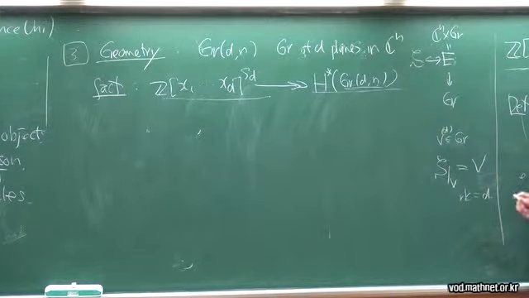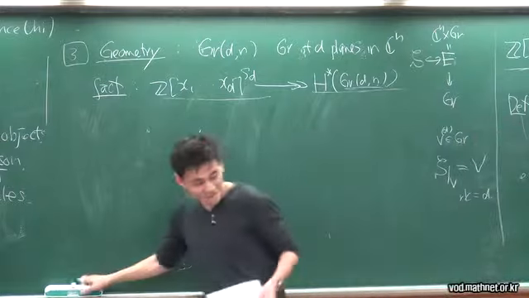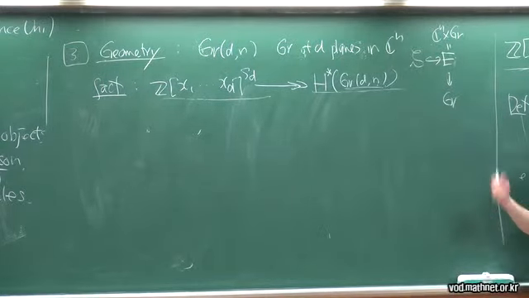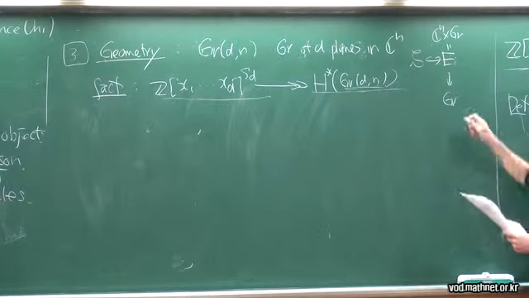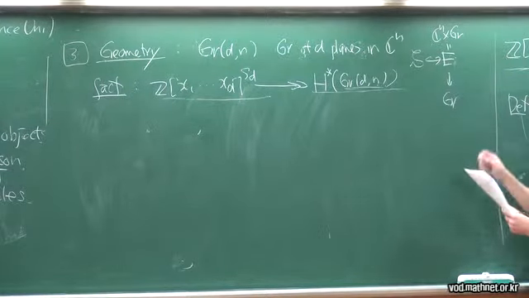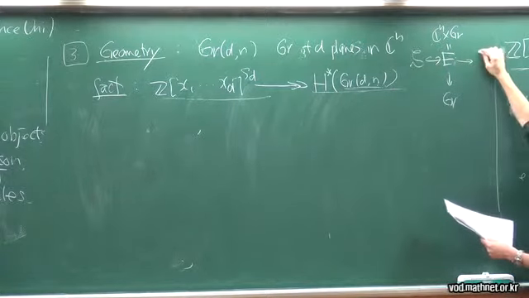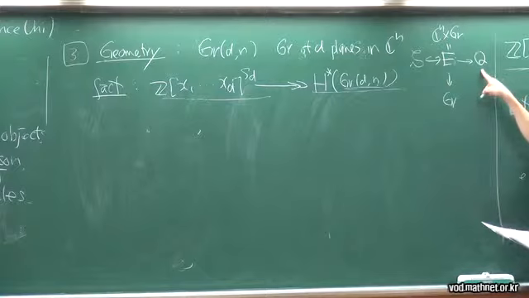This bundle naturally comes with the Grassmannian, and it plays a very significant role when you try to study the algebraic topology of the Grassmannian, because of the theory of characteristic classes. And then there's also a dual version, a quotient tautological bundle.